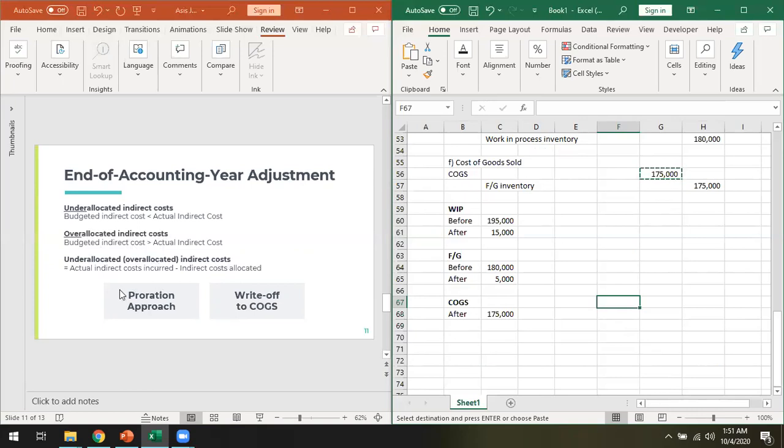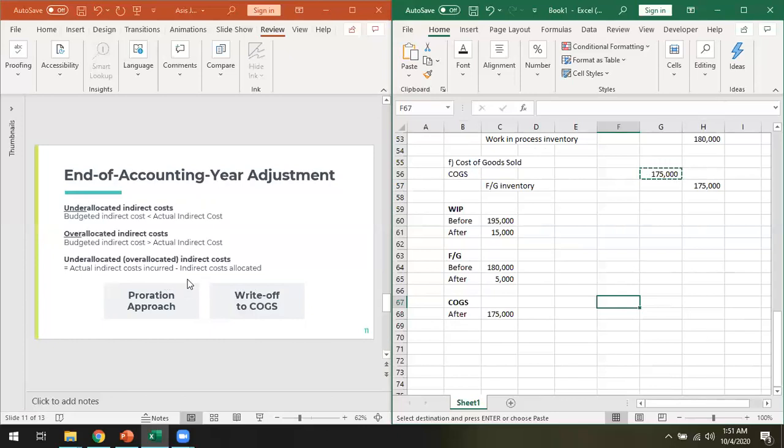Now, how to calculate the number? We just have to find the differences between those two things: actual indirect cost incurred minus indirect cost allocated, or manufacturing overhead control minus manufacturing overhead allocated.